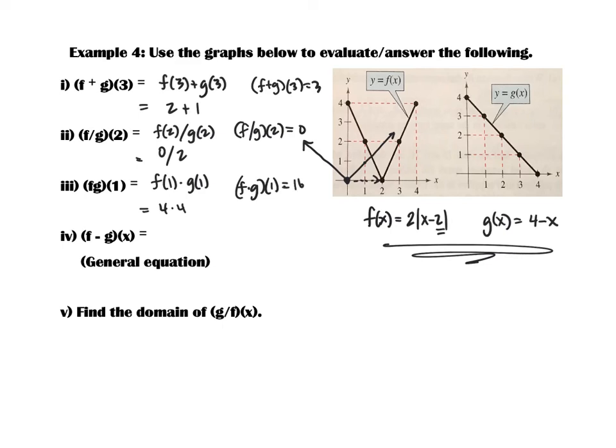Okay, (f minus g) of x is the same as f of x minus g of x. Now that's where our equations come into play here. So we would have 2 times the absolute value of x minus 2, minus (4 minus x). So instead of minus (4 minus x), I'm going to say plus x minus 4. Now note I gave you the general equation as a hint that you should look at what the function equations are.